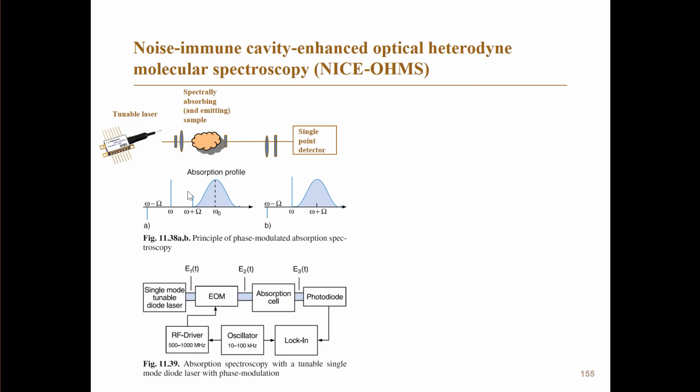And remember, there was no intensity variation originally, but if one of these sidebands goes missing, then this symmetry will be broken, and you will get an intensity variation. And this intensity variation is on the frequency of the modulation frequency. So by measuring on the modulation frequency and seeing if there's an intensity variation, you can detect this absorption.